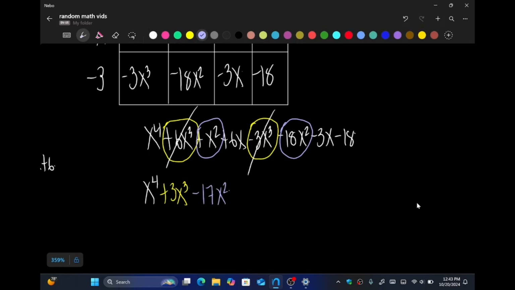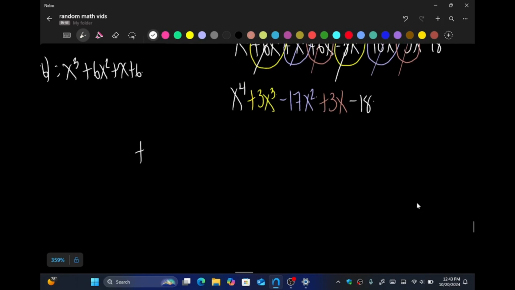And then we have, oh, and I forgot to do 6x and negative 3x. So then we're done with these, right? Okay. And then 6x and negative 3x, it's plus 3x. And then finally, we're going to just say minus 18. So minus 18.